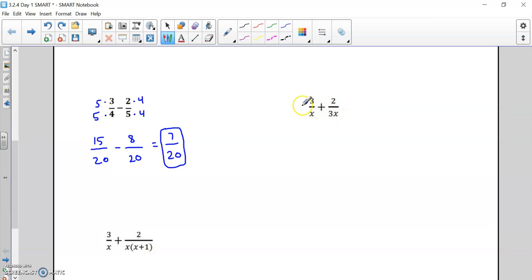So if we just were to give this one a 3, we would have a 3x on the top and bottom. So let's go ahead and multiply both by 3. All right, so 3 times 3 is 9. 3 times x is 3x, which is the denominator we wanted. And then over here, we're just going to leave it the same because it already had the 3x that we were aiming for. So now we can go ahead and just do regular addition. 9 plus 2 is 11. 3x is the denominator. And that's our answer.